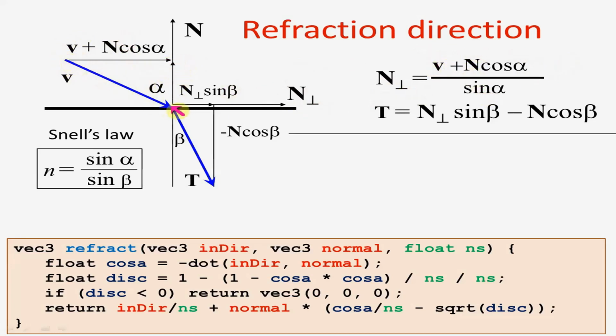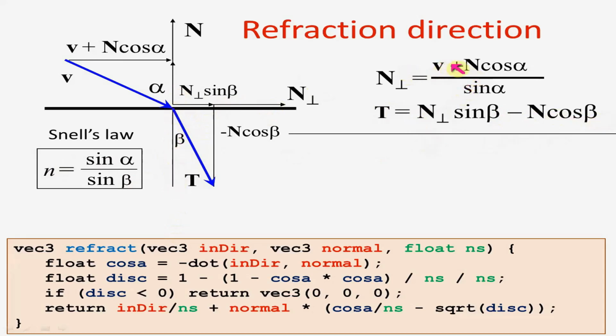T is the combination of n and n perp using Snell's law and denoting the refraction angle by beta. T is nothing but n perp times sine beta, and minus n, because it points into the opposite direction, minus n times cosine beta.